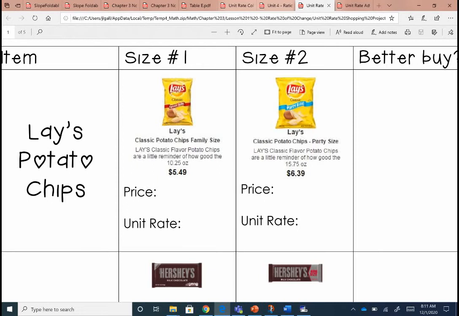So let's start off with what the heck a rate actually is.